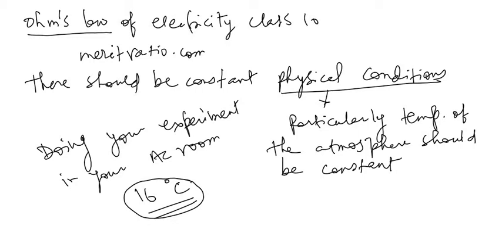Very simple thing. Ohm's law has stated that as we increase the number of cells, there will be an increment in the brightness of the glowing bulb present in the circuit, or as we decrease the number of cells in the given circuit, there will be a decrease in the brightness of the glowing bulb. So we can write the statement of Ohm's law under constant physical conditions.